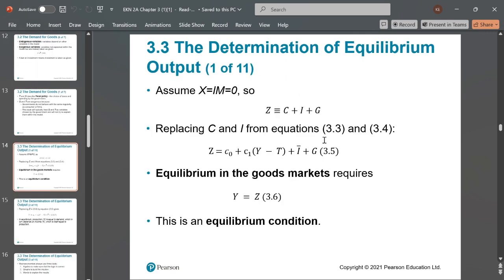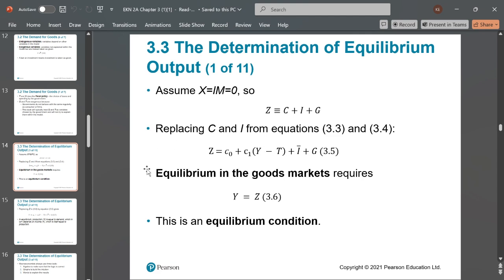Then we move on. Remember that we said we are in a closed economy. So because we're in a closed economy, demand is equal to only your consumption plus your investment, which is given, plus your government spending, which is always given. So these two are always given. But what do you calculate? This. So now when we replace our consumption, the one that we've been calculating, this would basically be our demand curve.